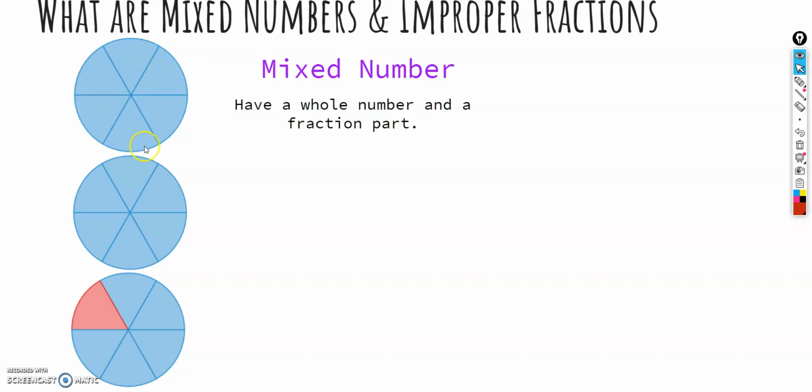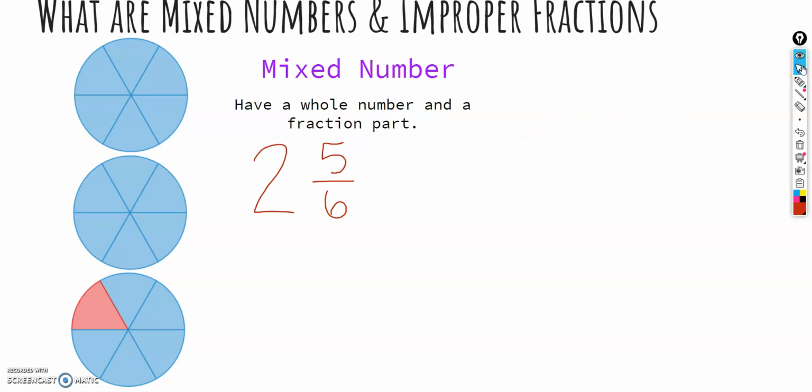The whole number we have, there's 1, 2 wholes. So we're going to mark that with a big 2. Then you have this one down here, and there's 1, 2, 3, 4, 5 of the 6 pieces. So for a mixed number, we have 2 and 5/6. Okay.